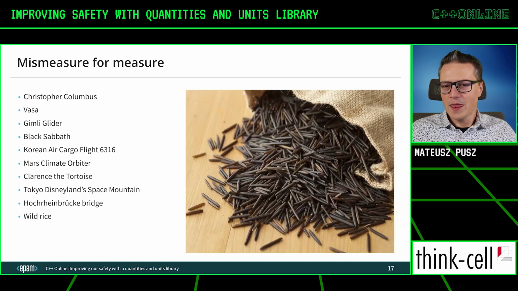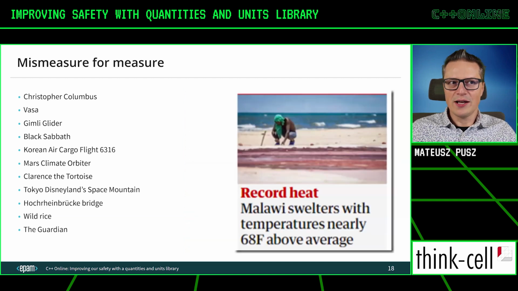Also, there were some other issues, like, for example, an American company sold a shipment of wild rice to a Japanese customer at an incorrect price. On October 12, 2023, The Guardian, the newspaper, provided an article where they said that Malawi swelters with temperatures nearly 68 Fahrenheit above average. If you know Fahrenheit, that's quite a lot above the average temperature, right?